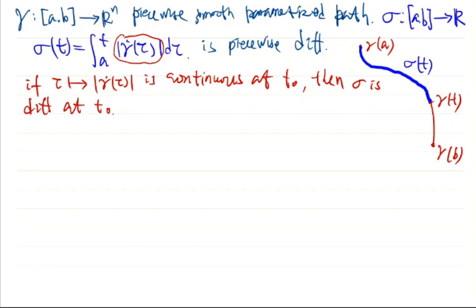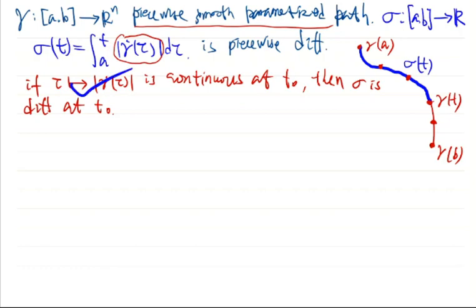Okay, so because our gamma is piecewise smooth, that is, except for finitely many points along the curve, the points I select in the picture, at other points this function is continuous.